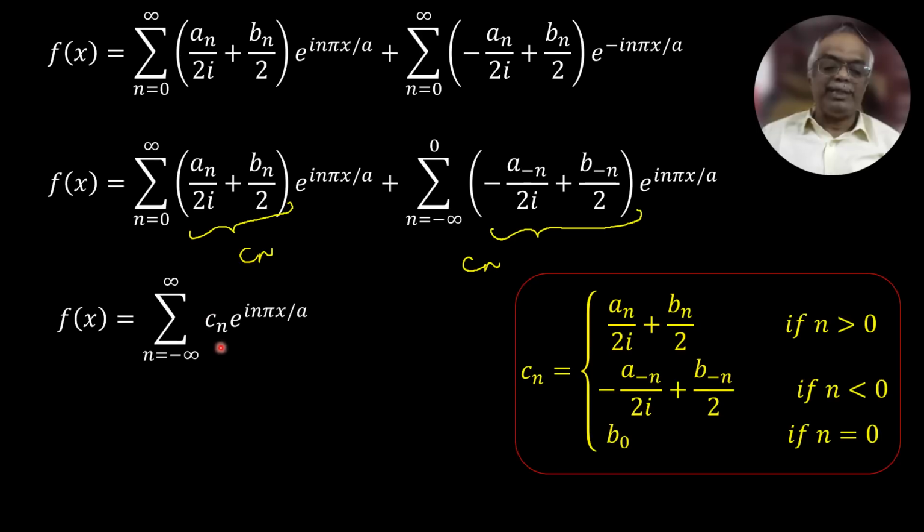But remember that c_n is different for different regions: it is different when n is a positive integer, different when n is a negative integer, and it is b_0 when n equals 0. So we have written c_n in terms of a_n and b_n. So we solved part A of the problem.